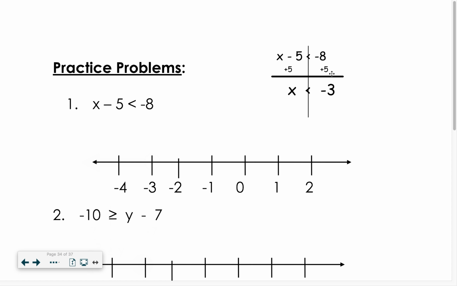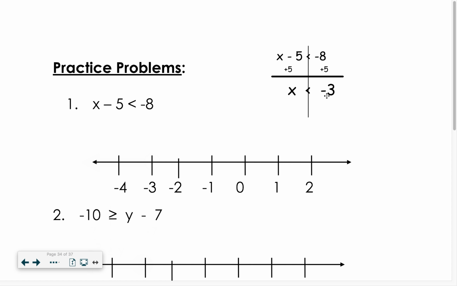Now here comes the graphing. When I am graphing the inequality, I ask myself, should it be an open circle or a closed circle? Going back and looking at your notes from the previous page, you should realize it should be an open circle. So where does my open circle go?